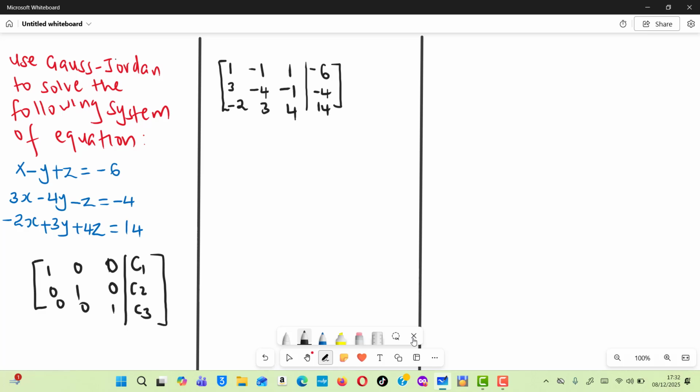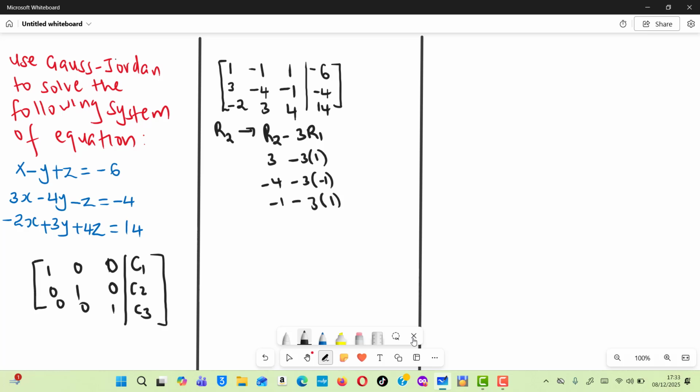What you're going to do is row 2 becomes row 2 minus 3 times row 1. So this is row 2, R2, which becomes row 2 minus 3 times row 1. So you shall have row 2 as 3, -4, -1, then minus 3 of row 1, which is 1, -1, 1.